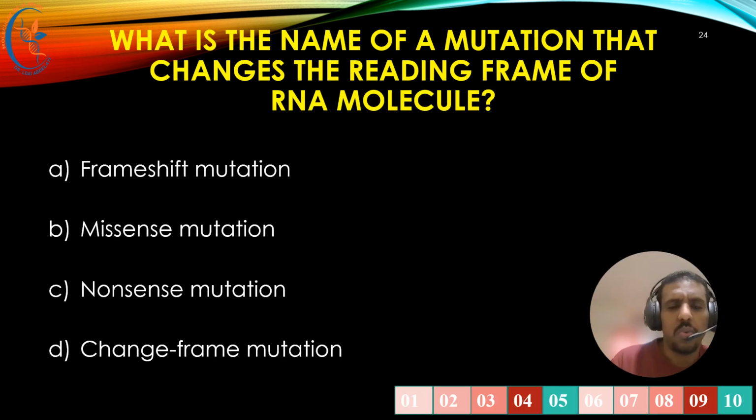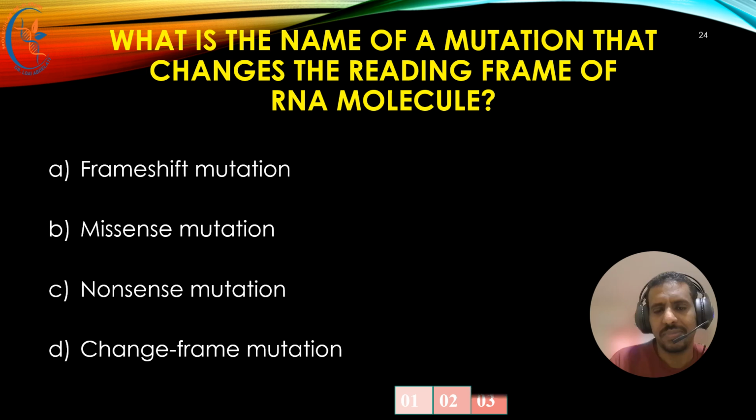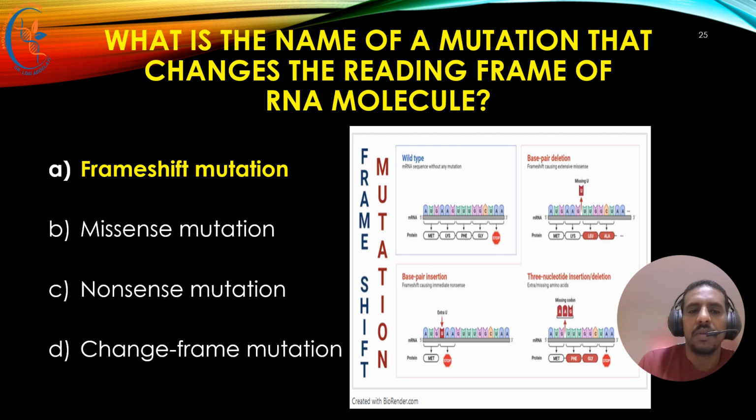The question here, what is the name of the mutation that changes the reading frame of the RNA molecule? 10 seconds. Okay, let's move. The name of the mutation that changes the reading frame of the RNA molecule is called frame shift mutation.